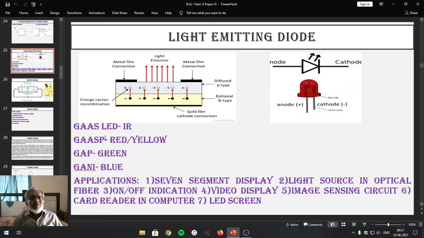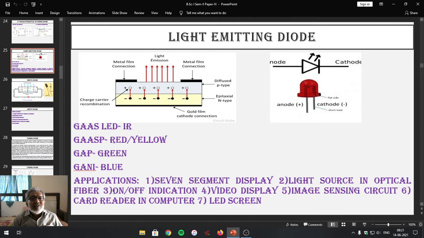If the material composition is gallium arsenide phosphide, it will emit red or yellow colored wavelengths of light. If the material used is gallium phosphide, then green colored light is emitted. If the material is gallium nitride, blue colored light is emitted. That's why different colored LEDs are available in the market.